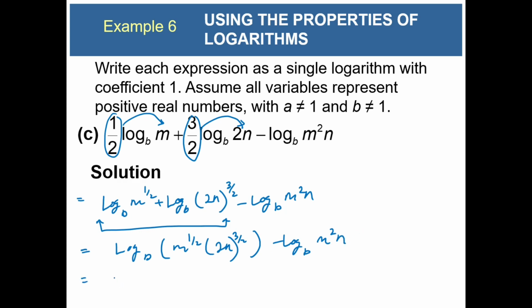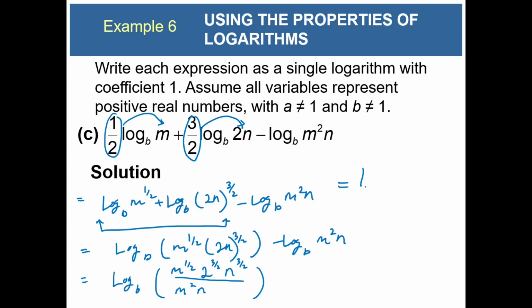We can now use the quotient rule. Log base b of m to the 1/2, and I could distribute the 3 over 2 to the bases. So this is 2 raised to the 3 over 2, n raised to the 3 over 2. We're going to divide that by m squared n. And this is from using the quotient rule.